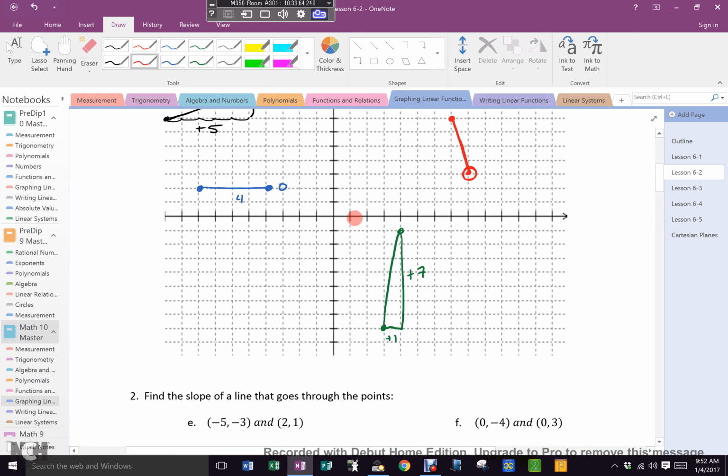On my graph. 8, 3. Everyone agree? Can you tell me the coordinates of that point? What is it? 7, 7. Everyone agree?